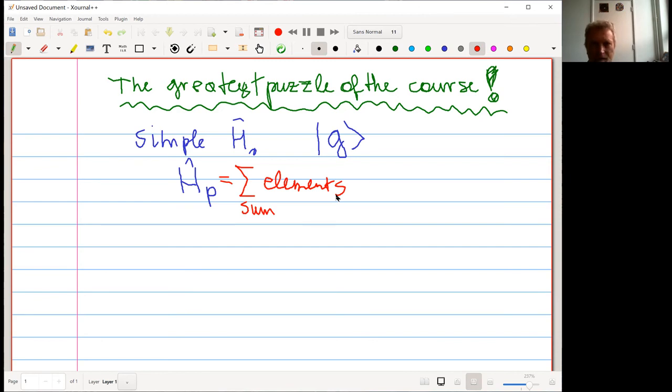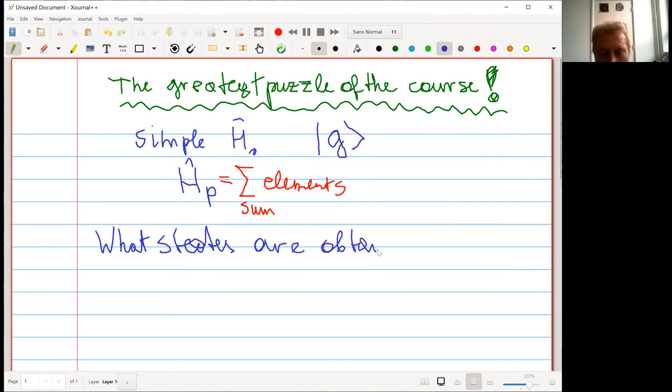And the question, which is usually the first or second question for this exercise, for the student, is to give what states are obtained from the ground state by a line, elements of HP.